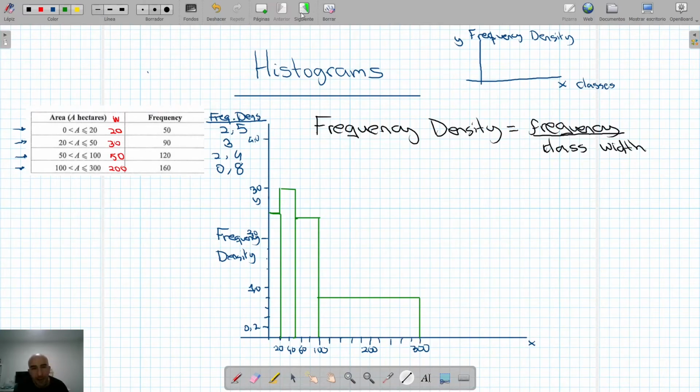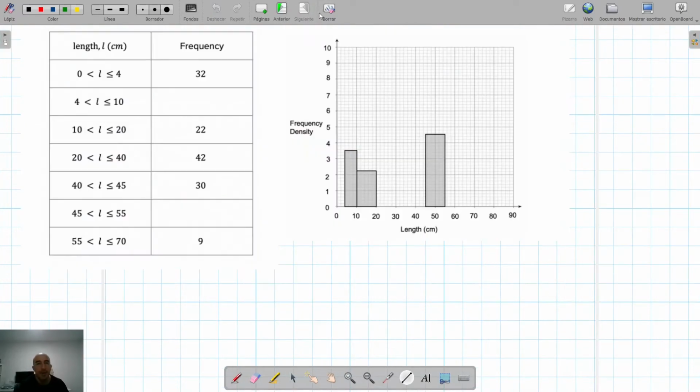The second thing we might get with histograms is a problem where we're given our frequencies and classes, and the graph is partly done and we have to finish it. So how would we do this? Again we have to remember that the frequency density equals the frequency divided by the class width. Here we have our first class.